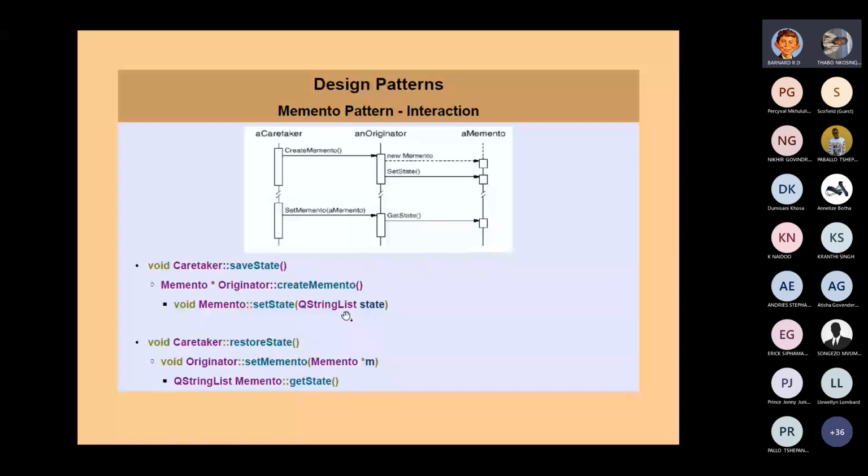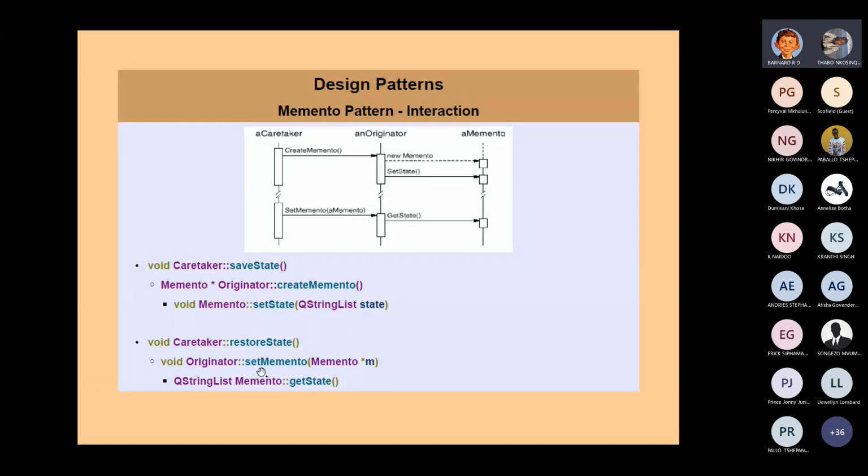In this case, we're just using a string list to store the state. And these three you can, in fact, just chain them. So you would generally have one line of code here: caretaker save state, then originator create memento, and then memento set state. And then the reverse happens. The caretaker originates the restore state process.